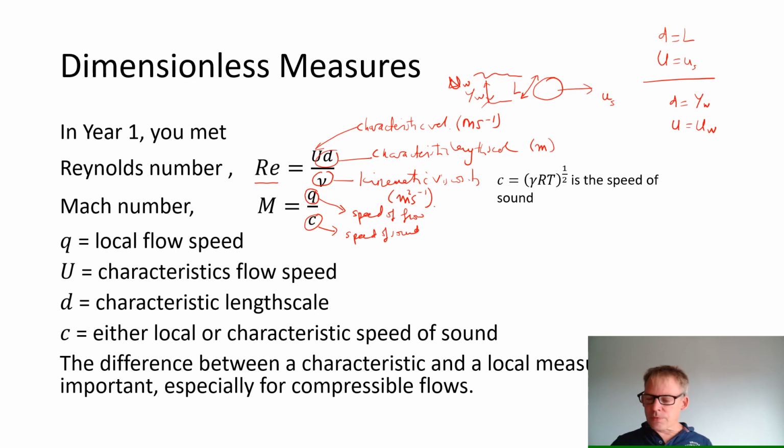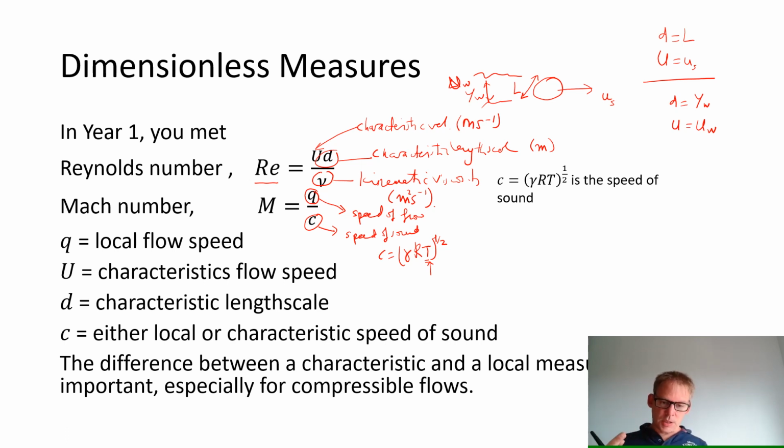From our discussion of basic thermodynamics, we know that the speed of sound in a gas is the square root of gamma R T. It depends mainly on the temperature, and this can be defined at any point in space.